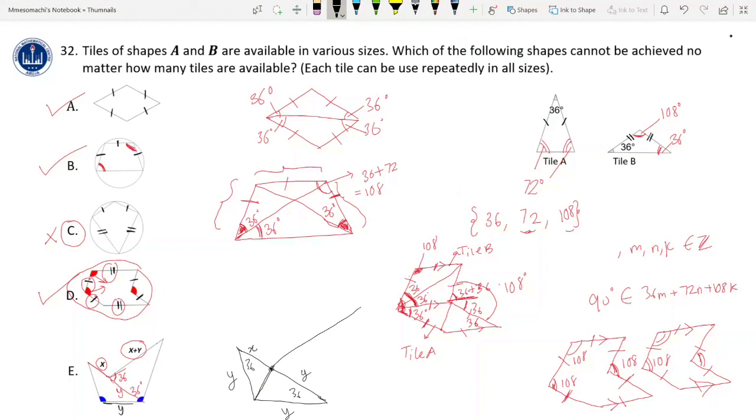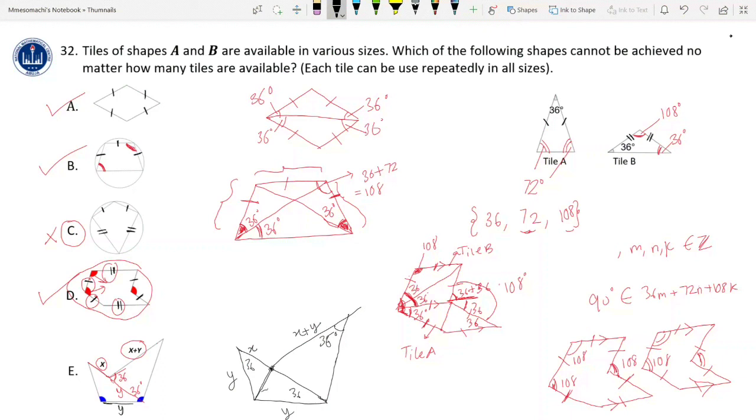Okay, so then we attach a tile A that has a base of length Y. So this is 36 here. Okay. So to show that this length here is equal to X plus Y, how do we do that? One quick thing we can see is that we can try to construct congruent triangles.